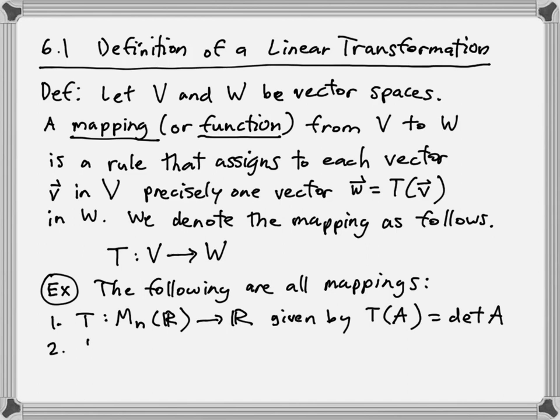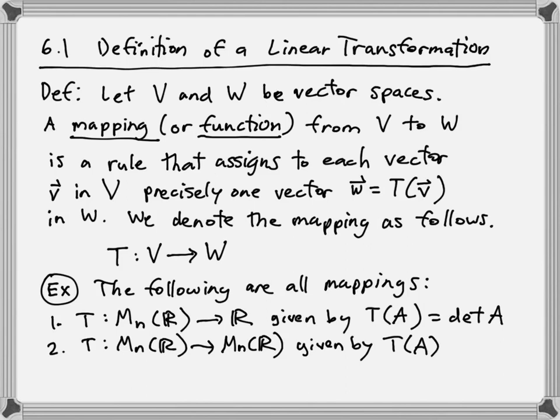What about this one? T going from M_n(R) to M_n(R) given by, so this time we're mapping a matrix to a matrix, and we're going to do that by taking A and sending it to A transpose. That's an example of a mapping.